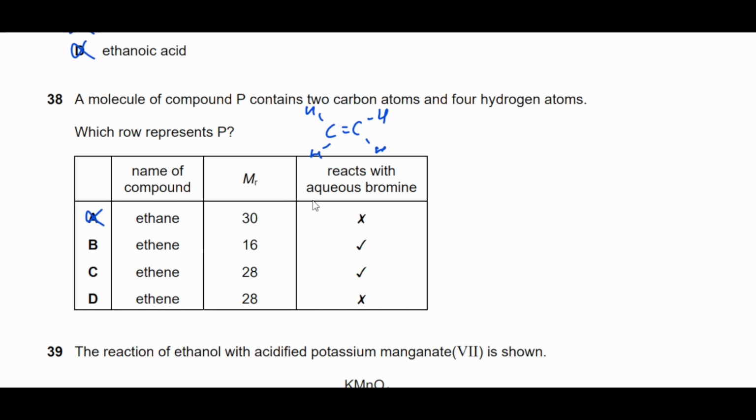The Mr, okay, so the Mr would be 12 plus 12, 12 plus 4, would be 28, so therefore B is wrong. So between C and D, reacts with aqueous bromine, it does because it's an alkene. All alkenes will react with aqueous bromine. Okay, so answer is C.